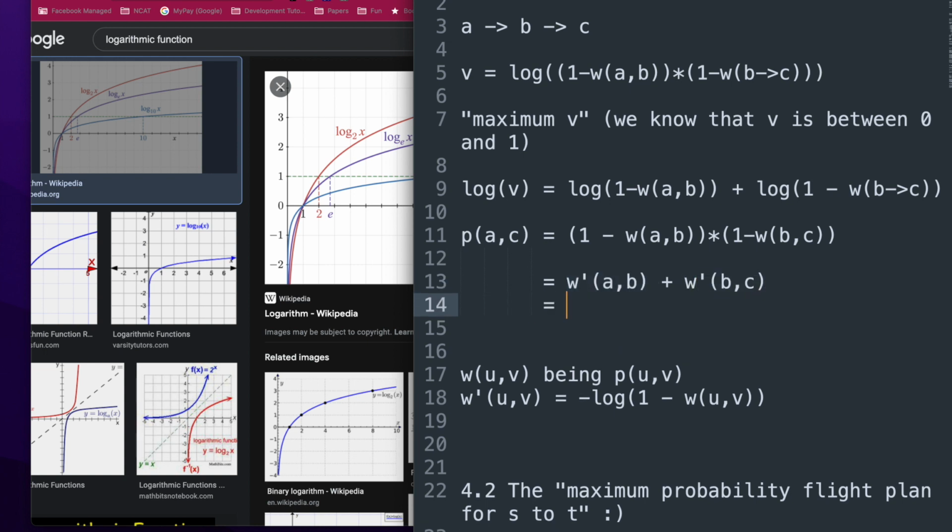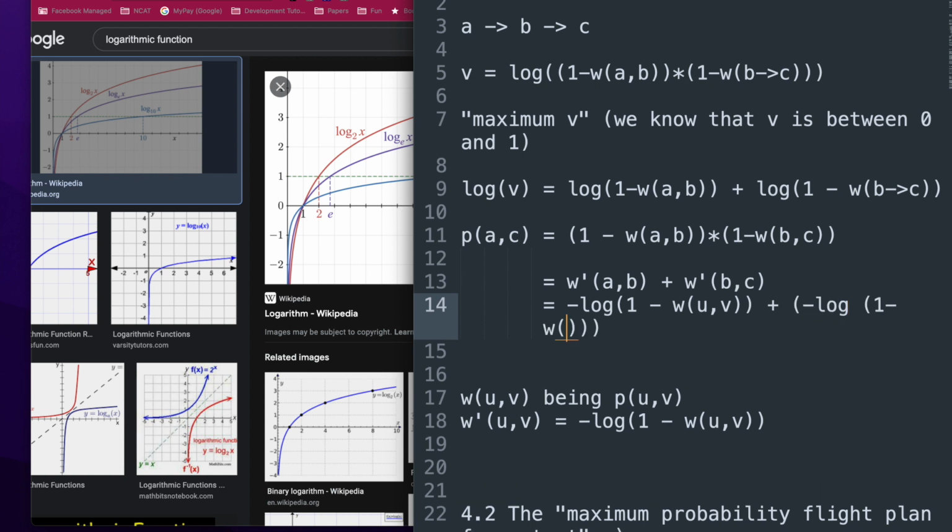And essentially what happens here is if we look at our definition of W prime, this is actually equal to the negative log of 1 minus WUV plus the negative log of 1 minus the weight UV, right? That's a pretty interesting trick.